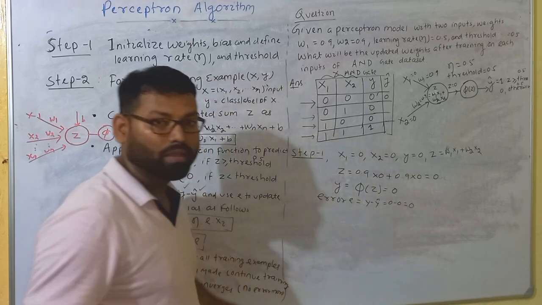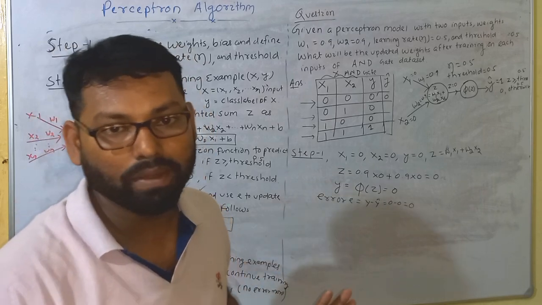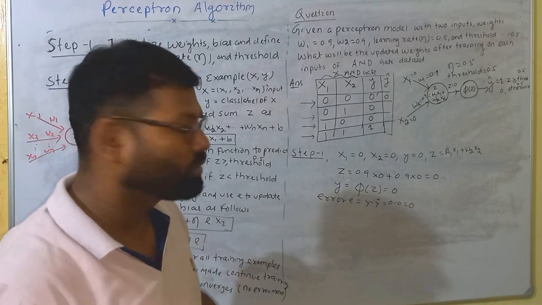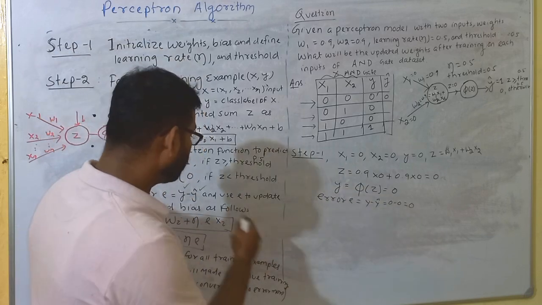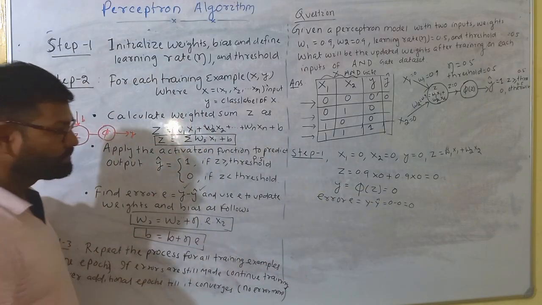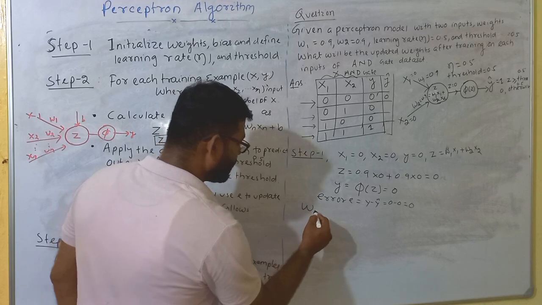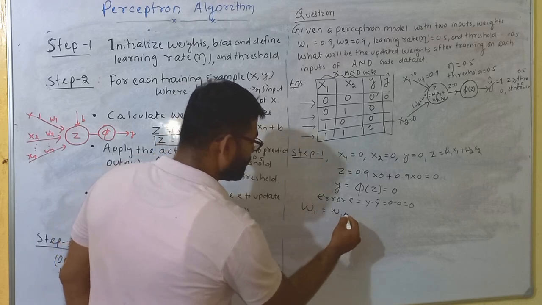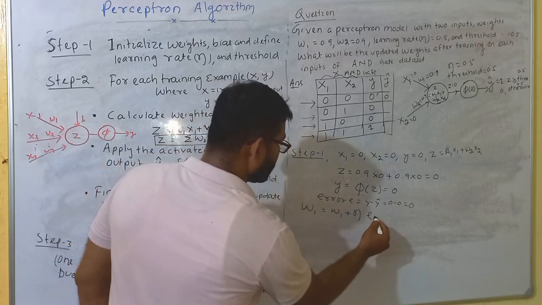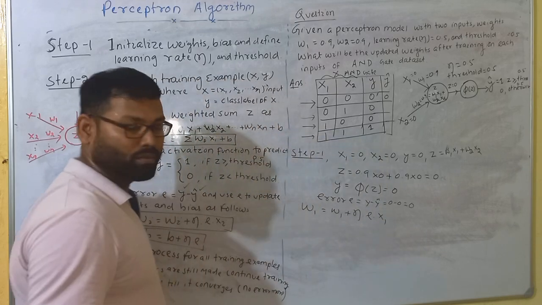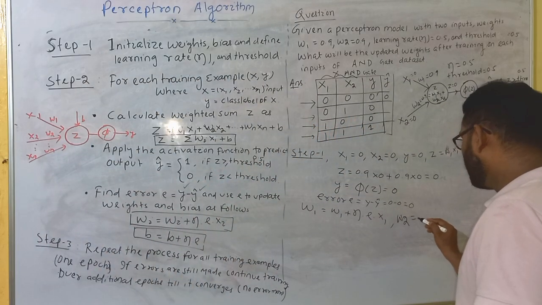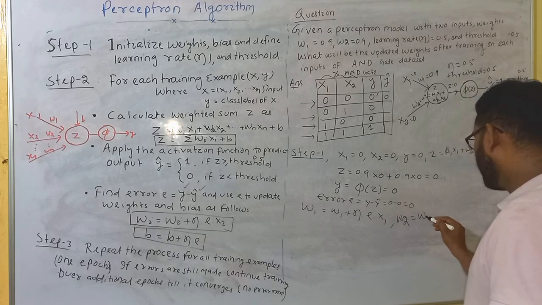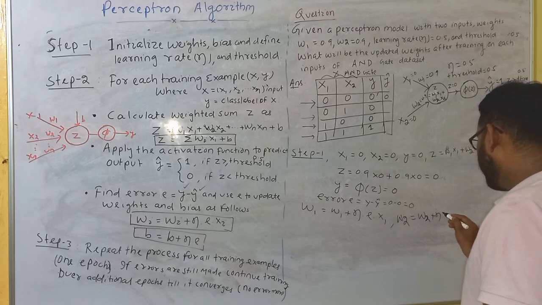So there is no error. If there is no error, then no need to update the weights. The weights are perfect. Why are updates not happening? Because if I use this formula, W1 is equal to W1 plus eta into error into x1, and W2 is equal to W2 plus eta into error into x2.